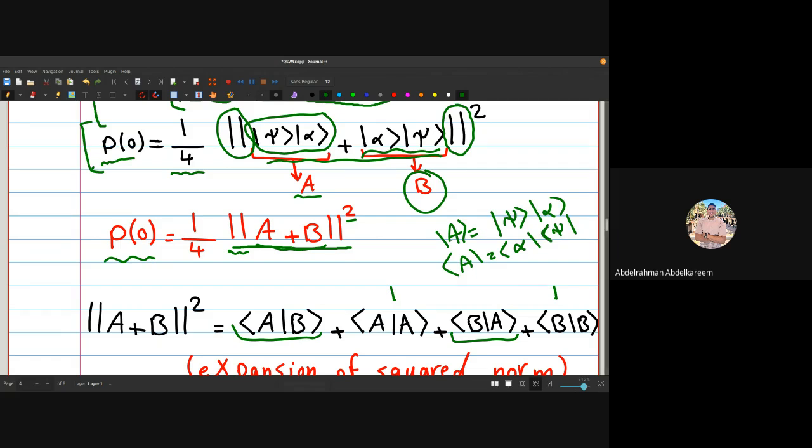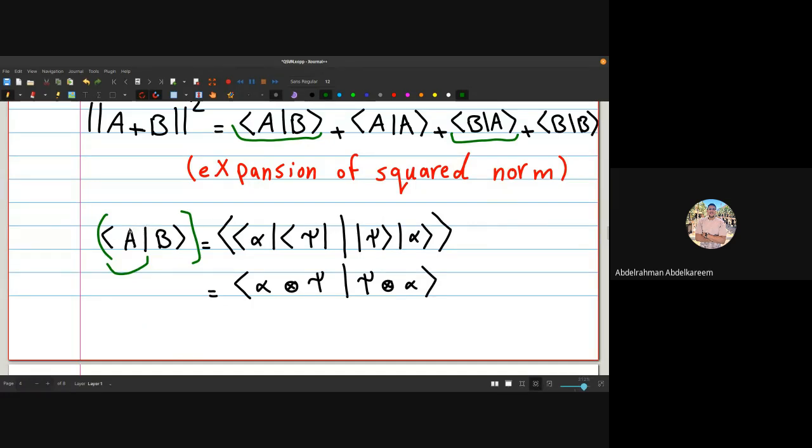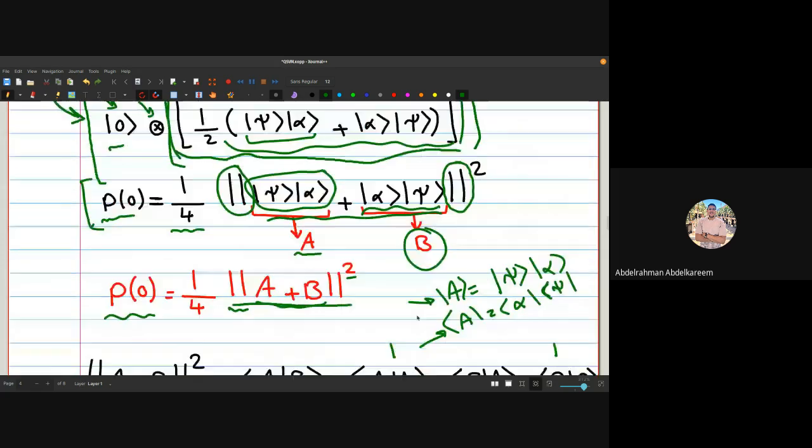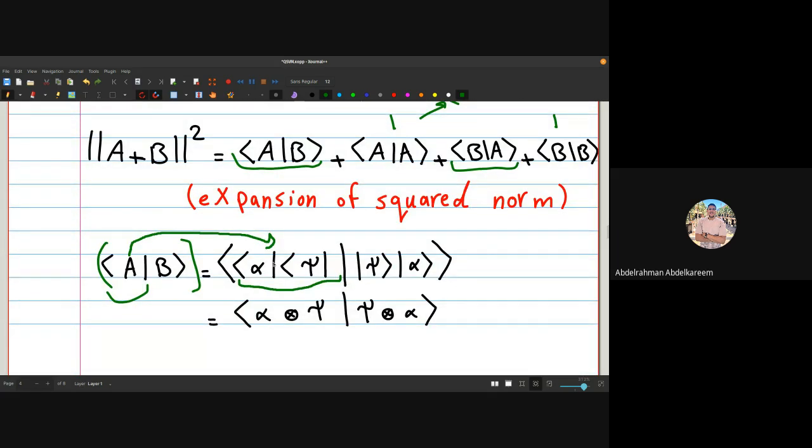So this is a ket A and this is bra A. So we have replaced the A with bra alpha, bra psi, and B is ket psi, ket alpha from here. Okay, so this state is a tensor product between alpha and psi, and this state is psi tensor alpha, and we want to get the inner product of two tensors. So is everything clear until this point?